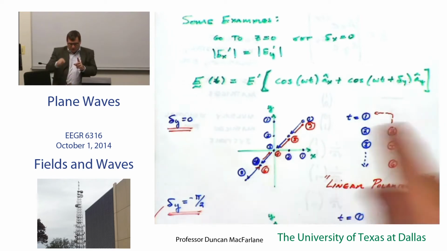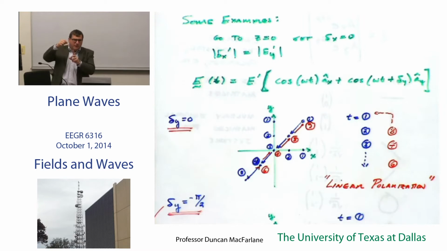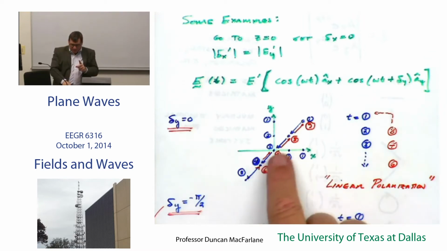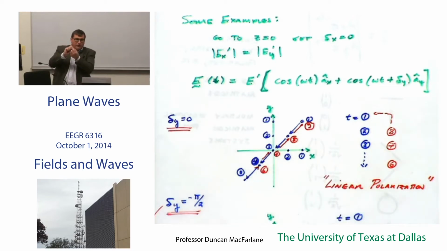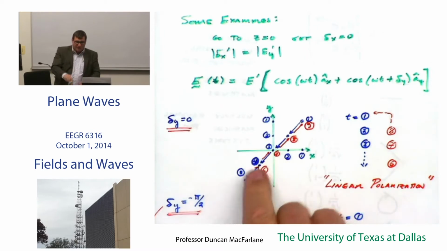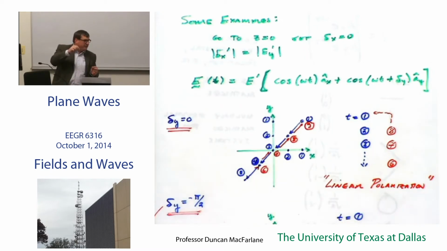The force at 1 pushes it a little bit less hard in the same direction. At the instant of 3, there's no force from the electric field on that electron. And then as it goes south, the force is pulling it the other way, and so on.